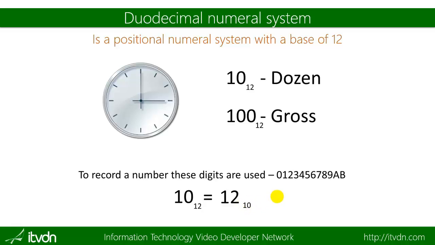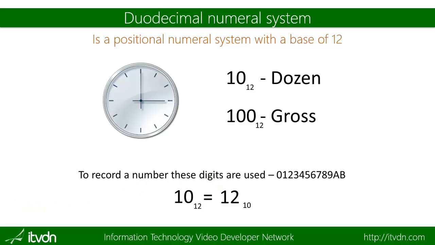If we have 1, 2, 3, 4, 5, 6, 7, 8, 9, A, B, and then 10. In the decimal system, you have 9, 10, 11, and then 12. So our 12 is equal to the duodecimal numeral system's 10.